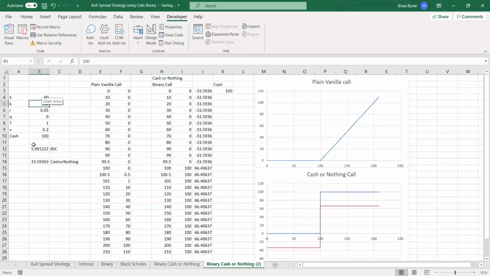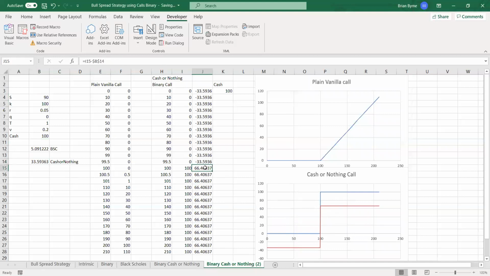At 90, we get a value using the Reiner and Rubinstein cash or nothing implementation. The cost of setting up the strategy is 33.59, and we would win in the event of the option being in the money at expiry.